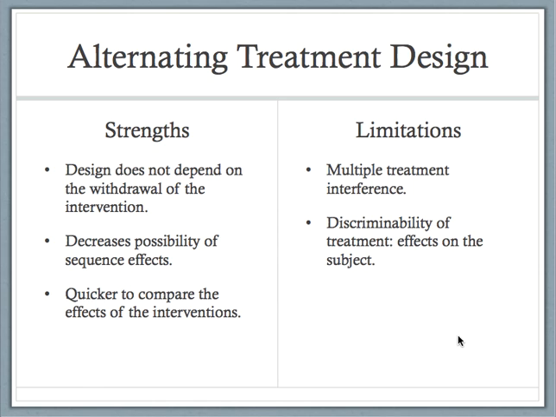And then also, from the subject's perspective, for them to be able to discriminate between which intervention is being implemented at which time. The subject has to be able to discriminate between those two so that they can respond appropriately and you can see the varying effects.